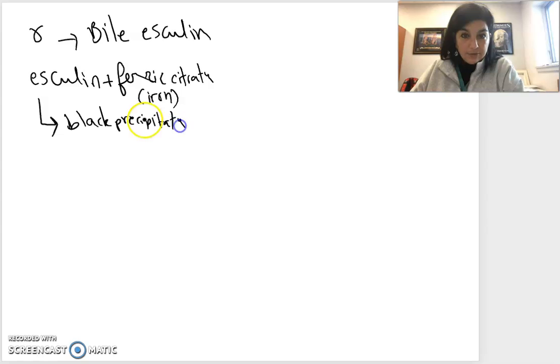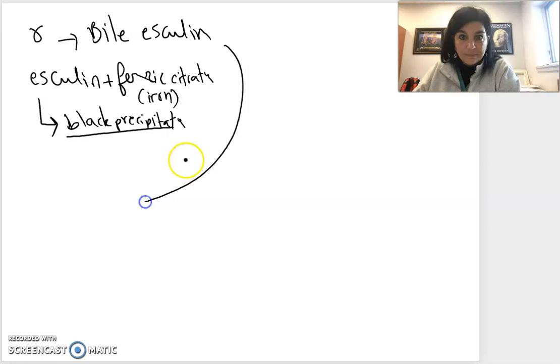Some cells produce esculin, and the presence of esculin combined with the iron in the medium will create this black precipitate. So if we have a black precipitate, that means we have a positive test.